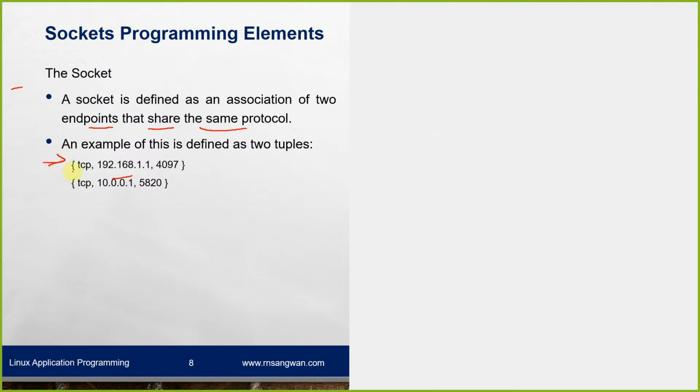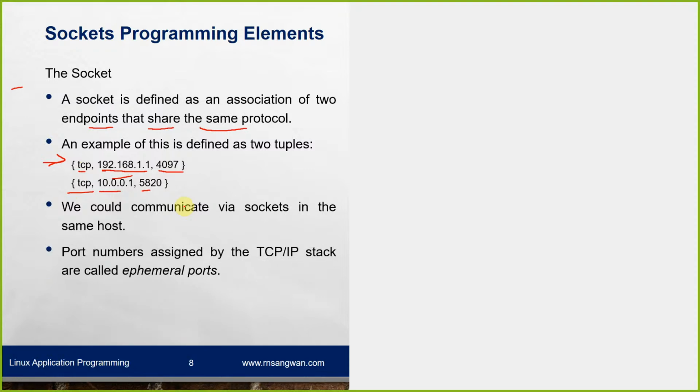The first endpoint is TCP, 192.168.1.1 with this port number, and the second endpoint is TCP, 10.0.0.1 with port 5820. We will understand that we could communicate via sockets in the same host. Port numbers assigned by the TCP stack are called ephemeral ports.